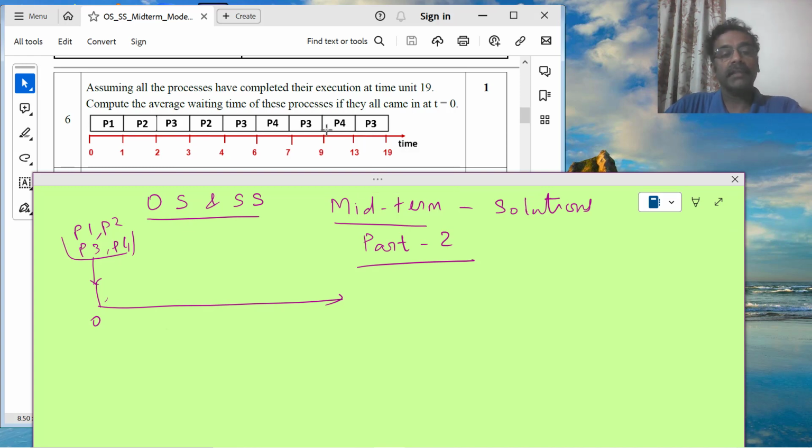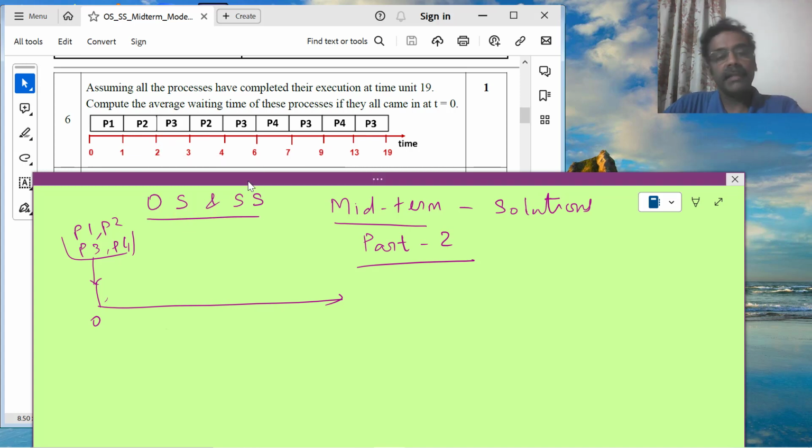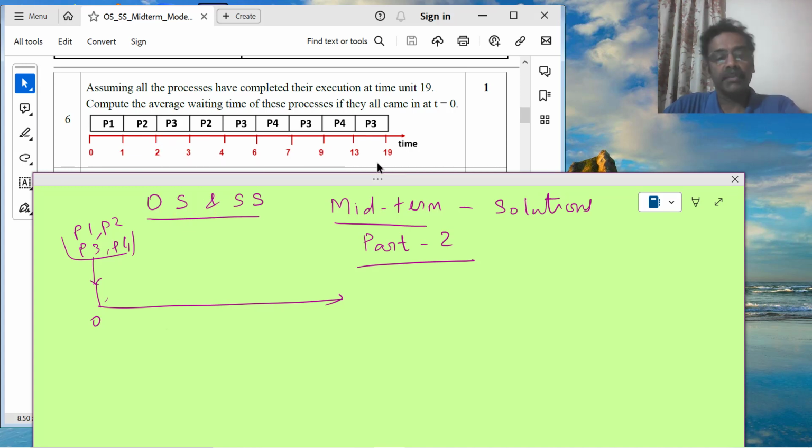If I ask you whether this is a preemptive scheduler, you might say yes, because P2 was running for some time and then it stopped for a while and then it came back later on. But even this you cannot predict, whether it is preemptive or not. Maybe at this time these processes gave up the CPU on their own. So unless otherwise stated, you don't need to make an assumption there. To compute the waiting time of these processes, you don't need all this information.